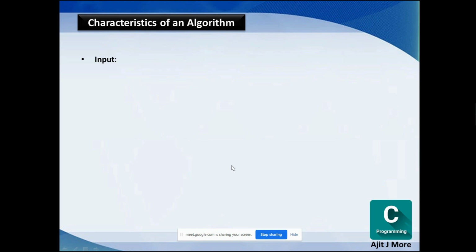Input means what? Every algorithm should take 0 or more external inputs. External means we are going to give it.